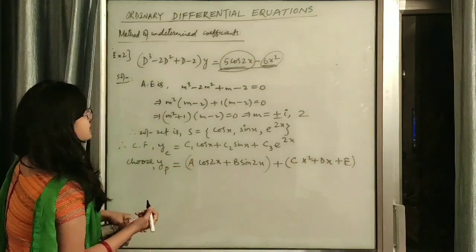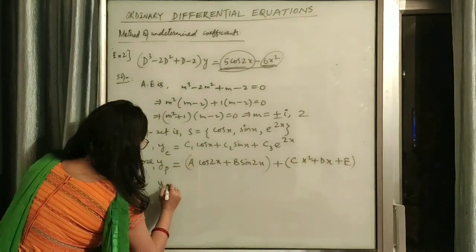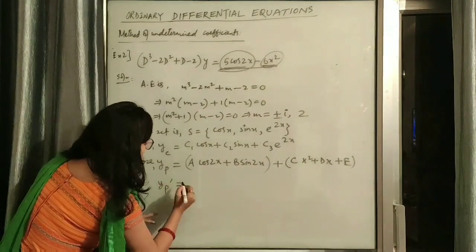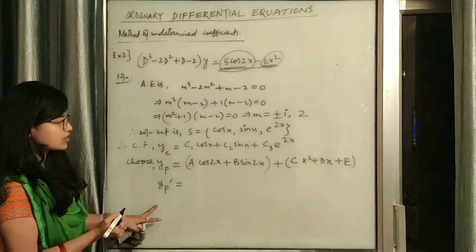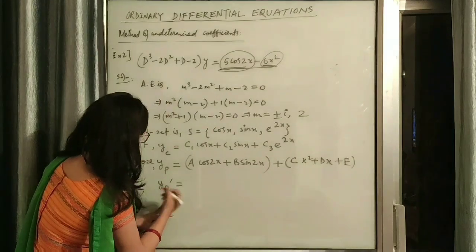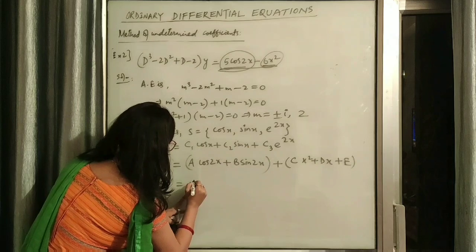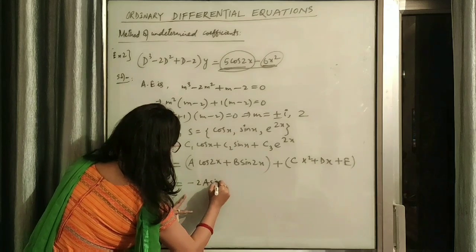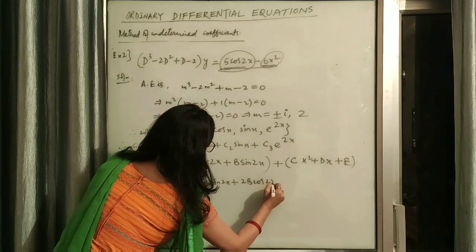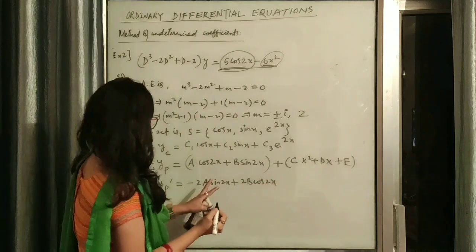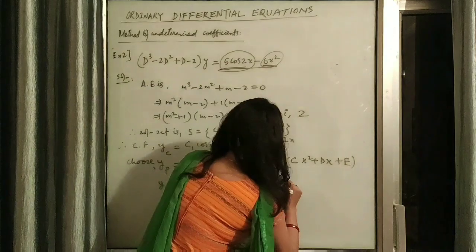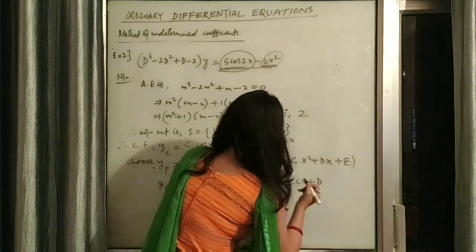For this, similar to the previous example, we find the first order derivative, then the second order derivative, and we will substitute in the given differential equation. Let's find yp dash. Differentiating the yp, we have −2a sin 2x + 2b cos 2x + 2cx + d.